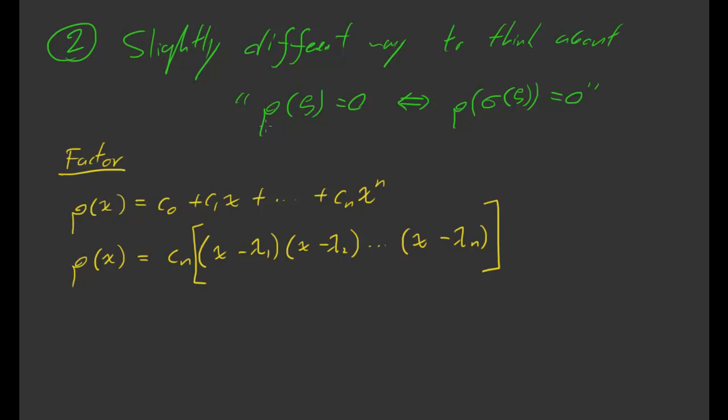Okay, so now what does this fact tell us? What does the fact that p of zeta is 0 if and only if p of sigma zeta is equal to 0 say? Well, let's write down the two things.